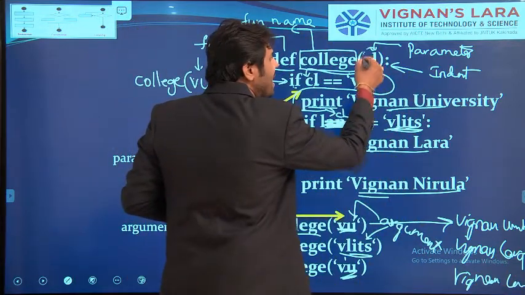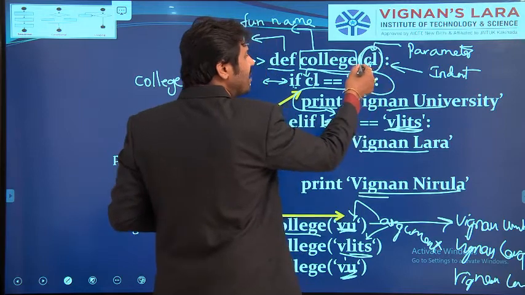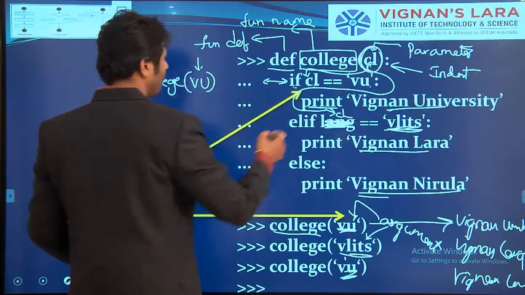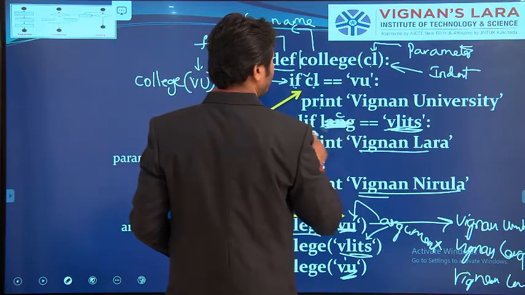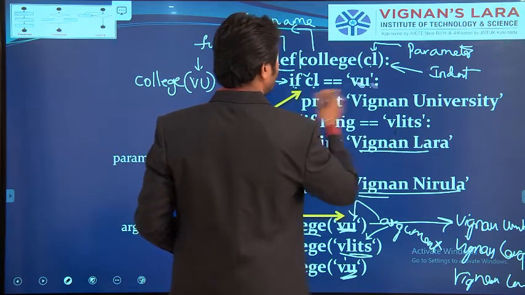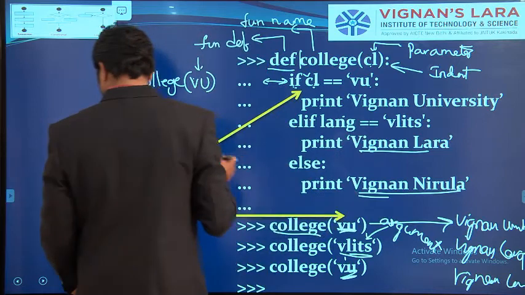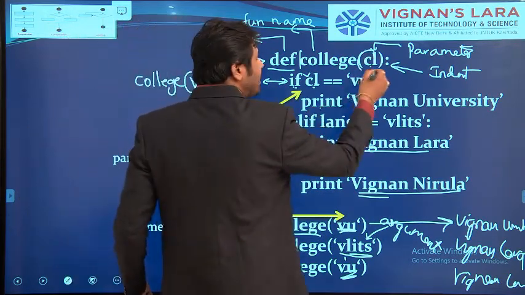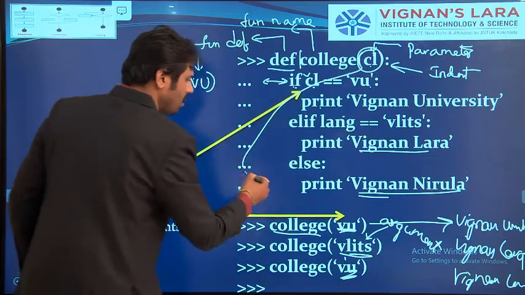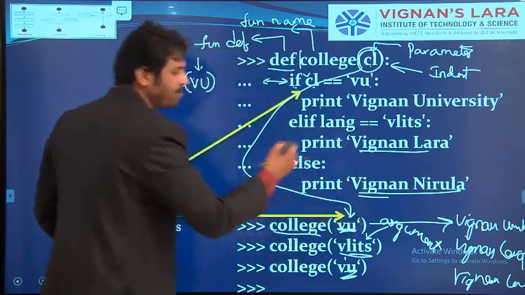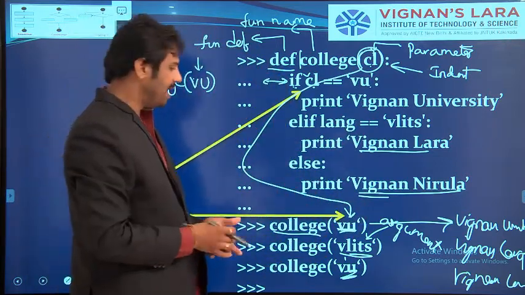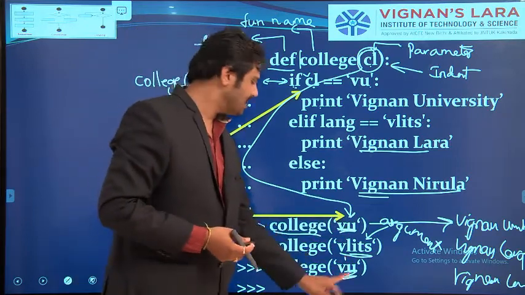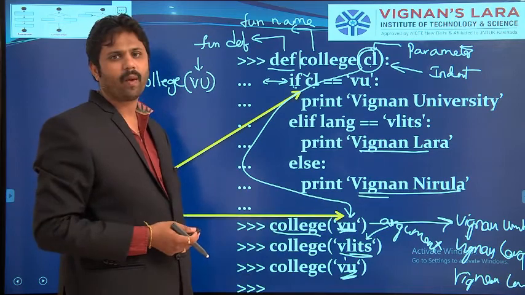That means this CL reflects its argument, whether it is VU, VLITS, anything.